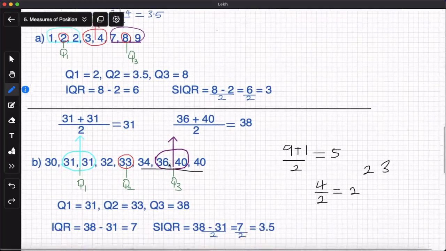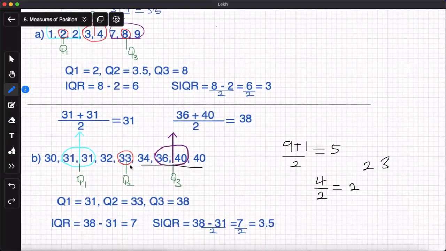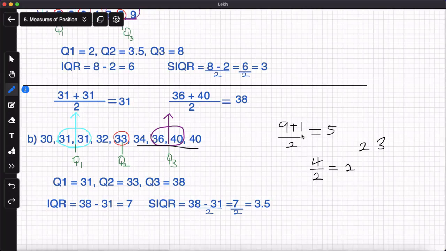Here the number of observations happens to be 9. So 9 plus 1 divided by 2 is going to be 5.